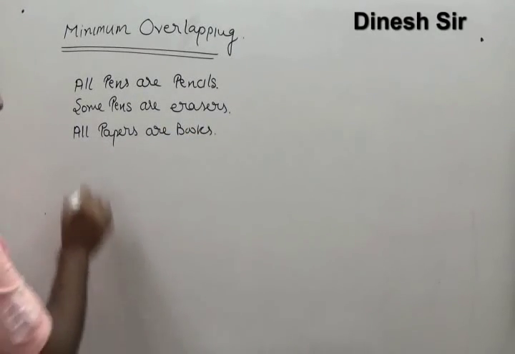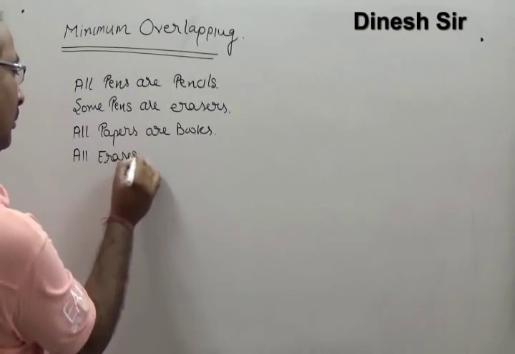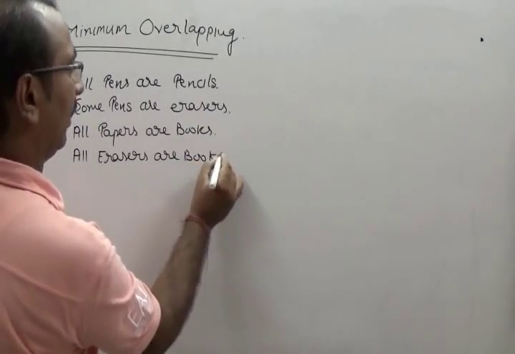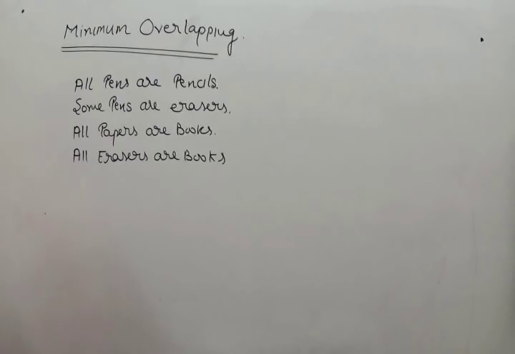And next we have all erasers are books. Right? Now based on that, I have to answer my questions. I have to just make a drawing of the Venn diagram.